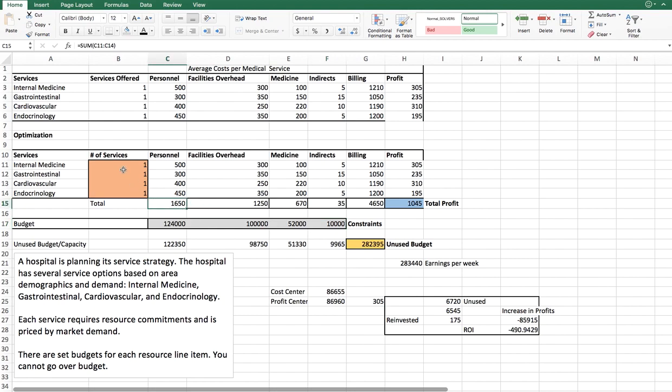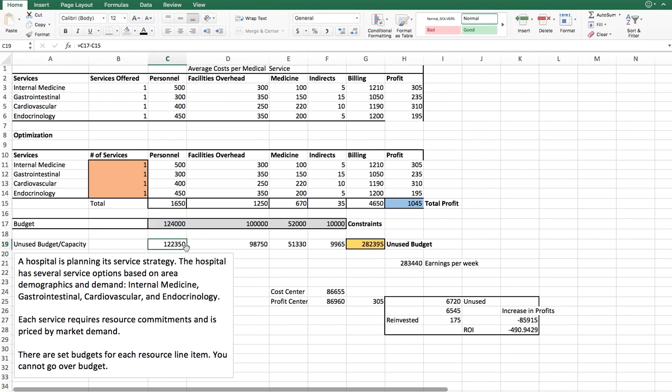Right now, because we're just running one service, we're only using $1,650 for personnel, $1,250 for facilities, $670 for medicine, $35 for indirects, and that's giving us a profit of $1045 from our $4650 billable set. So your unused capacity in this case is simply the amount allocated in your budget minus the amount for personnel that you're using right now.